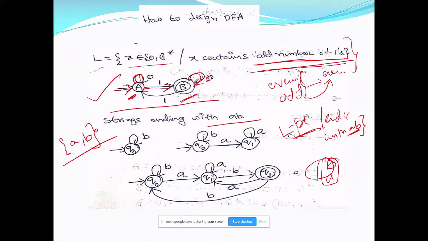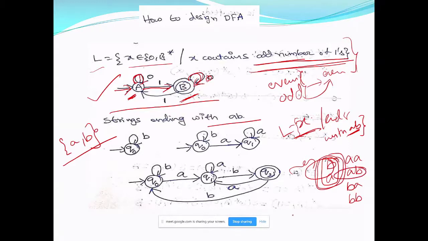Before this it could be anything, any string formed from A's and B's. The last two symbols could be AA, AB, BA, BB. Only AB is required for us. It should end with AB.